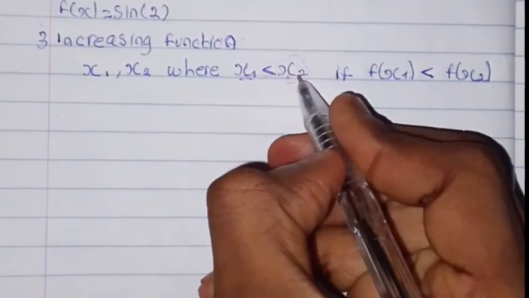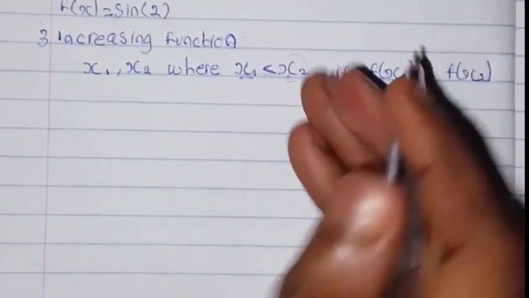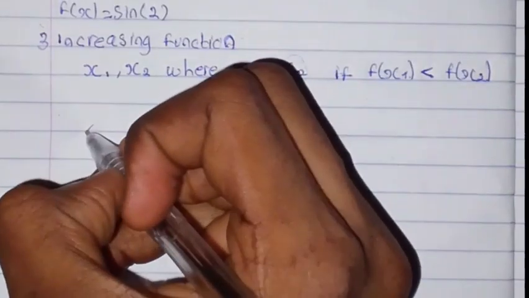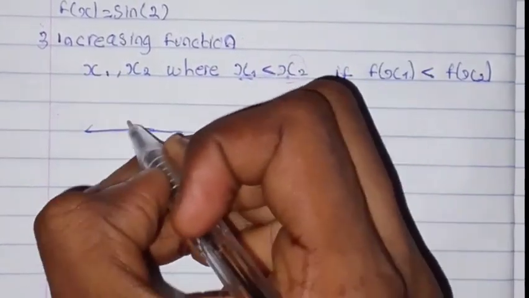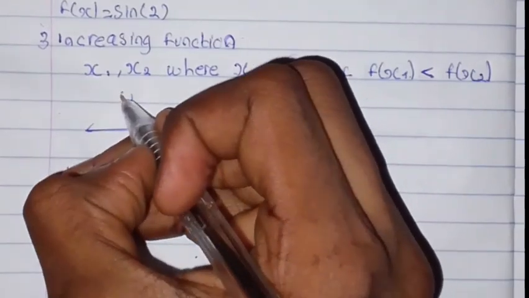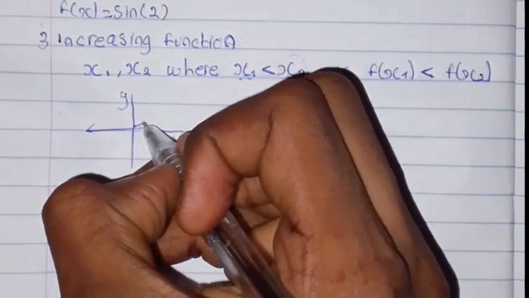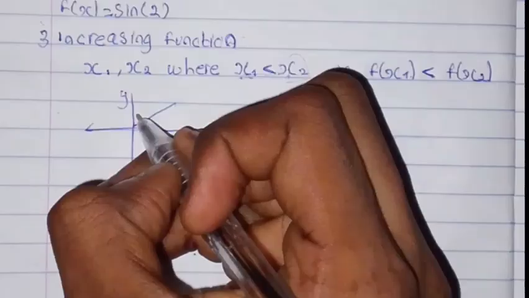So as x is increasing, y is increasing. That's represented like this, for your x-axis and your y-axis. You are going to have a straight slope. So this is what we're going to be using.